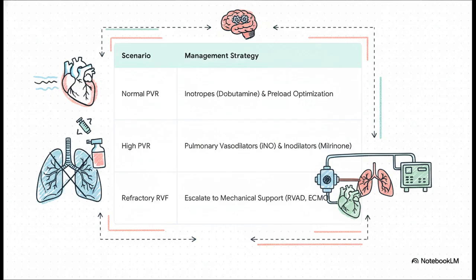However, if that RV is failing because it's pumping against a high PVR, our primary goal shifts completely to afterload reduction. This is where inhaled pulmonary vasodilators like nitric oxide or epoprostenol are invaluable. They selectively dilate the pulmonary blood vessels without causing systemic hypotension. If medical therapy fails in either of these scenarios, we have to be ready to escalate quickly to mechanical support, like an RVAD or even ECMO.